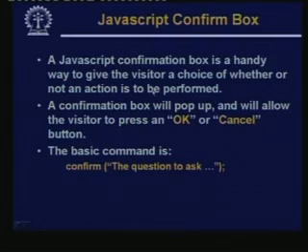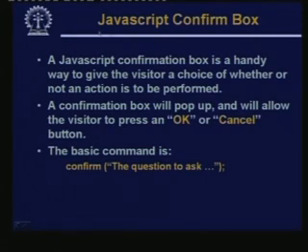Like you may be familiar with many window based applications where you are often asked through a pop-up window, certain message is displayed, then you are asked whether you want to continue this or cancel this. This is an example of a confirmation box.